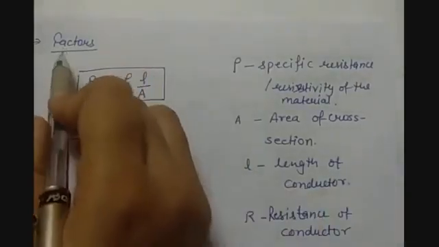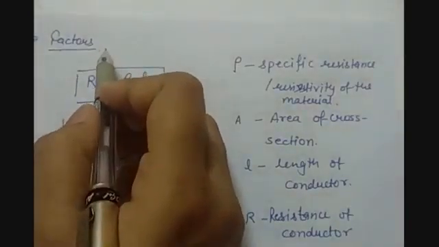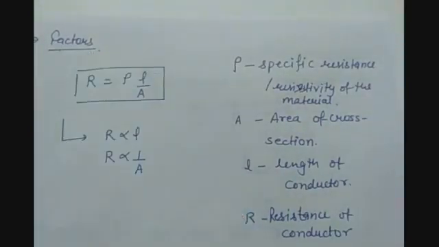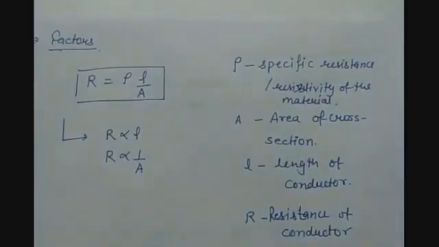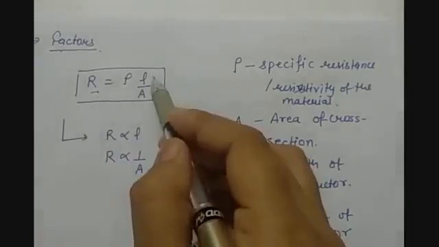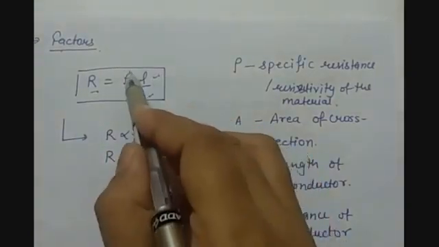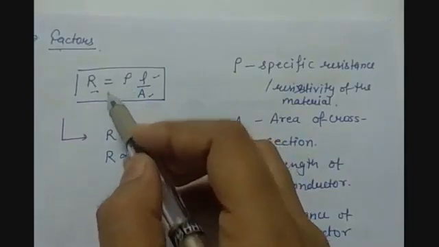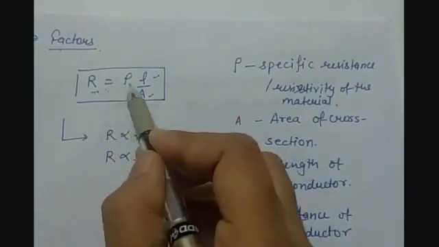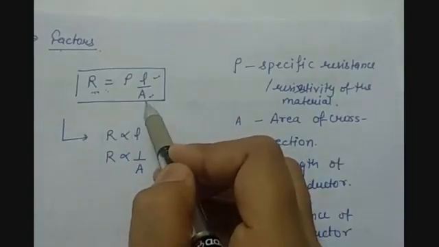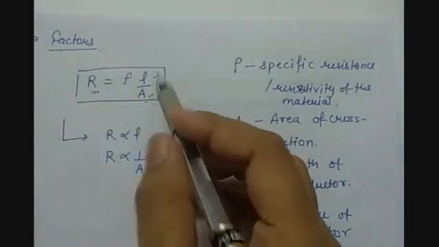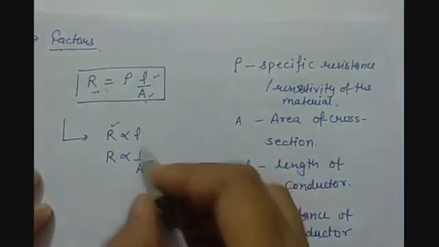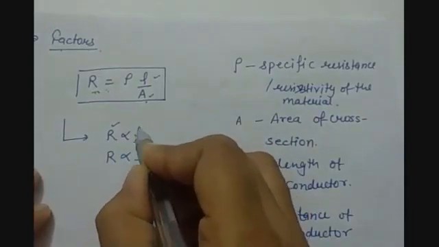Now the factors on which resistance depends. I told you that resistance is a constant in case of Ohm's law, but this constant is a property of the conductor. So it depends on some properties of the conductor, like length, area of cross section, and the material from which it is made. So here we have a formula which is R is equal to rho L by A. You all know where this formula has come from, because resistance of a conductor is directly proportional to the length of the conductor.